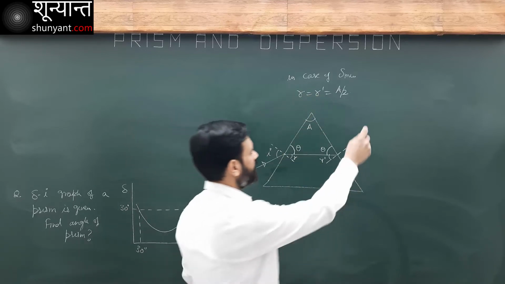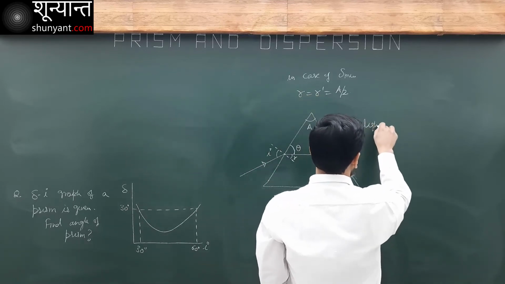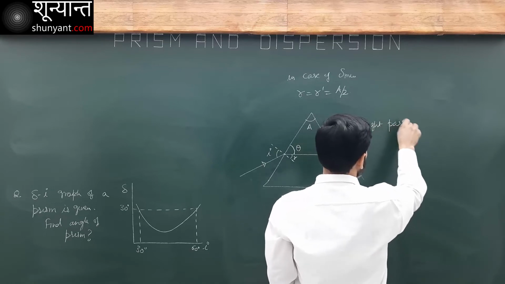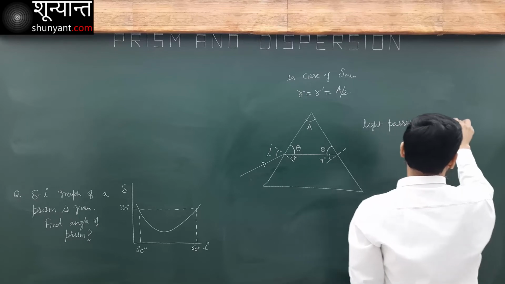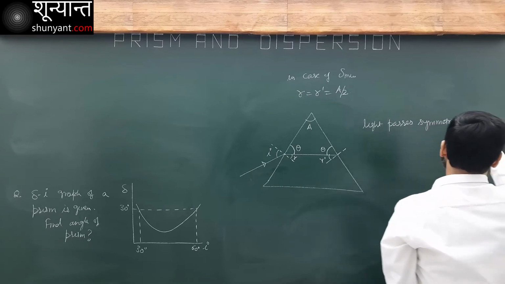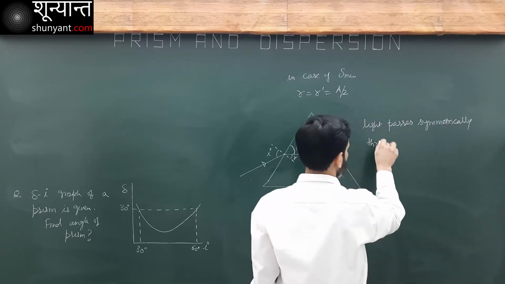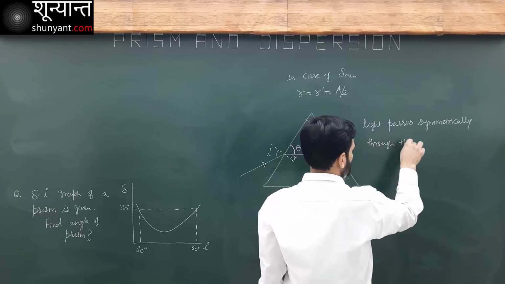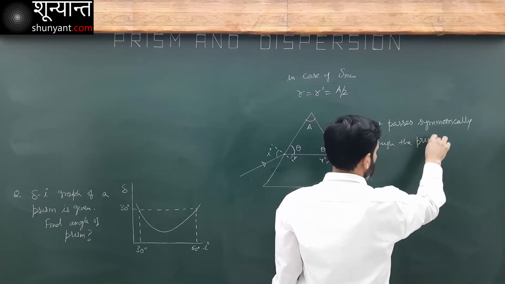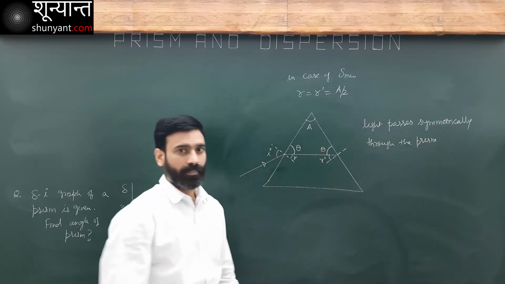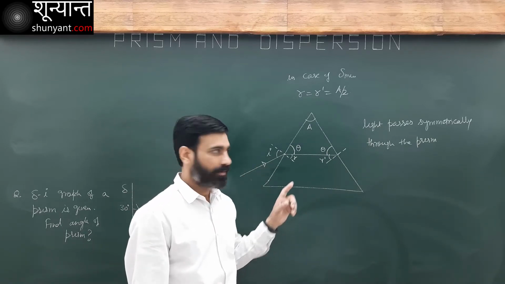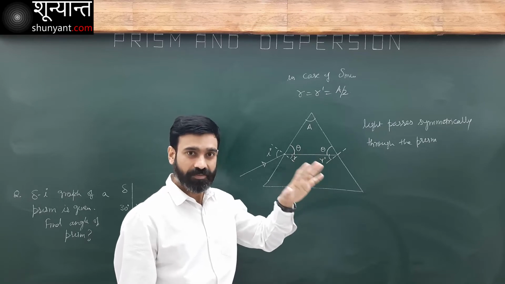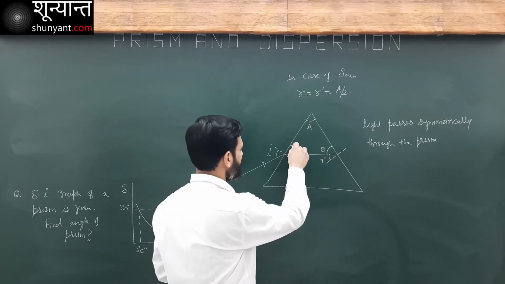We say that light passes symmetrically through the prism. What is the meaning of symmetrically? These two angles are going to be same.